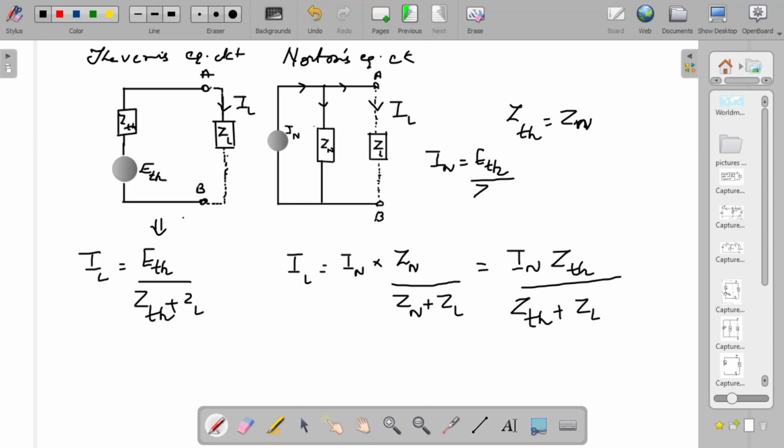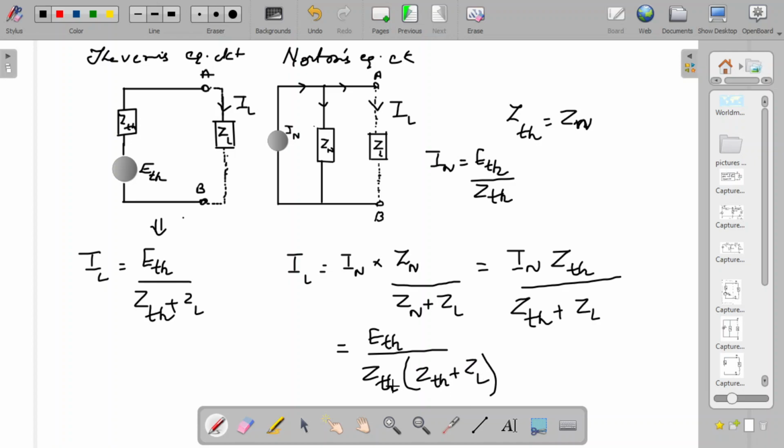From the circuit, it is obvious that this current which is coming from the generator should be equal to ETH divided by ZTH. So then I can replace this IN also. So if I replace, then I can write ETH divided by ZTH, so replaced IN, then ZTH plus ZL.